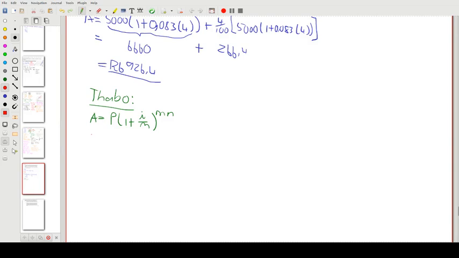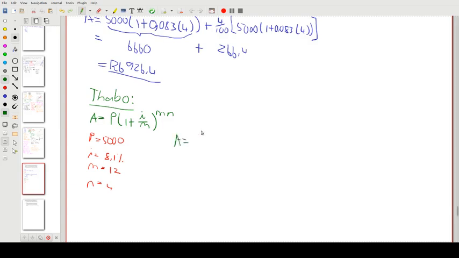Okay, so what we know here, P again is 5,000, that's the same amount that he invests. I, the interest rate, is 8.1%. The number of times it gets compounded per year is 12 because it's monthly. And N, our number of years, is still 4. Okay, let's do the calculation. So here we go.